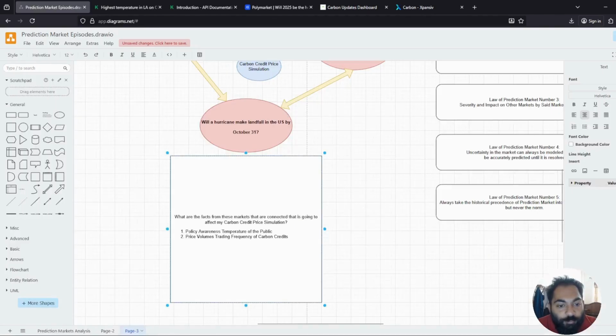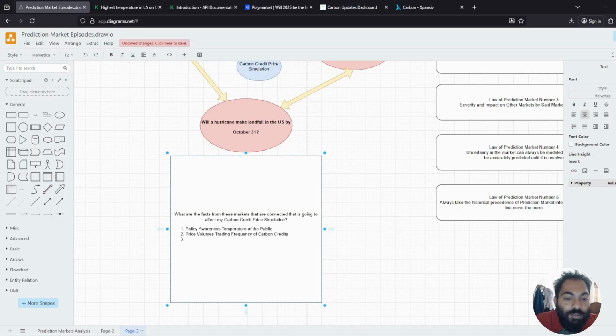So this will be able to tell us that the direct carbon pricing has sort of a volatility to it, and the trading frequency will give us the volatility.